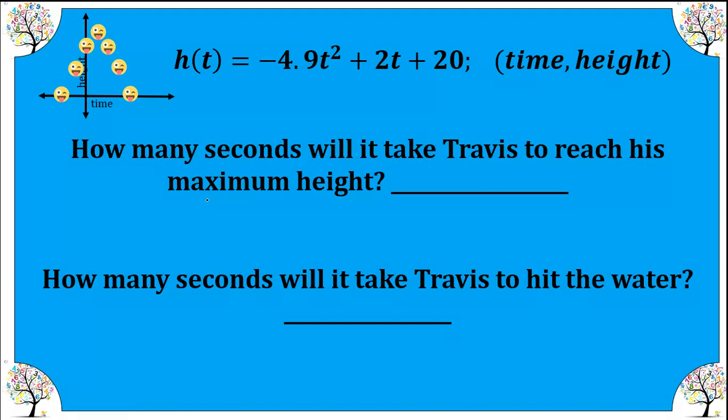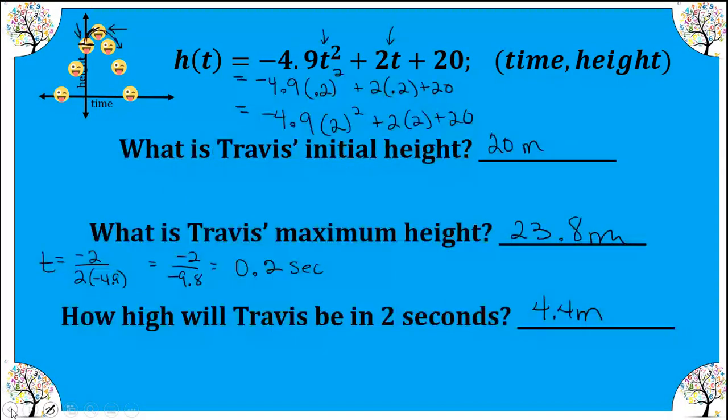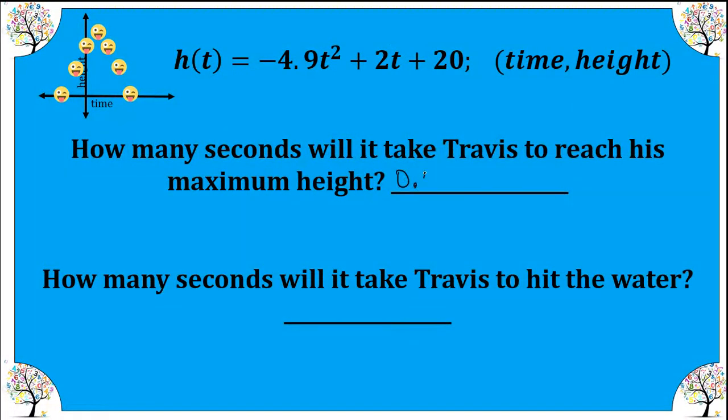How many seconds will it take Travis to reach the maximum height? And we just calculated that here, so we don't need to recalculate. So about 0.2 seconds, again, to go from where he initially started to the maximum height of right here in our problem. How many seconds will it take Travis to hit the water? So we're going to use quadratic to find this root here.